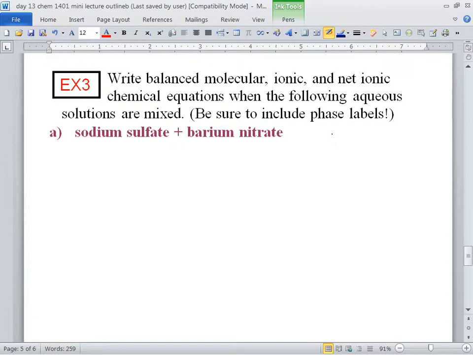Go up to the boards and write molecular, ionic, and net ionic equations for sodium sulfate plus barium nitrate. So spread out as much as you can.